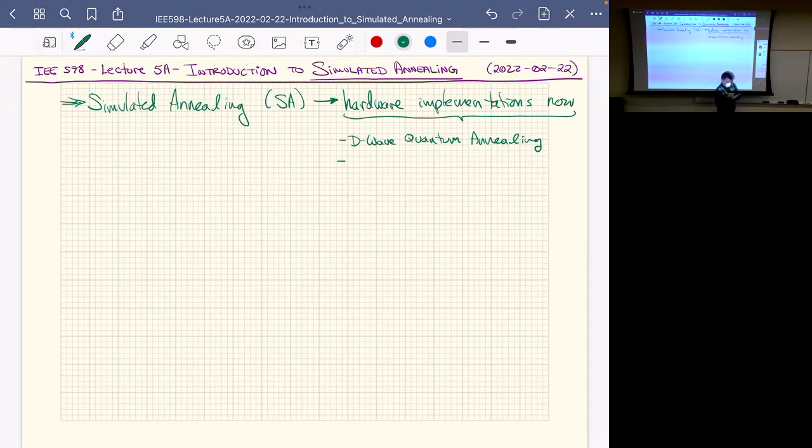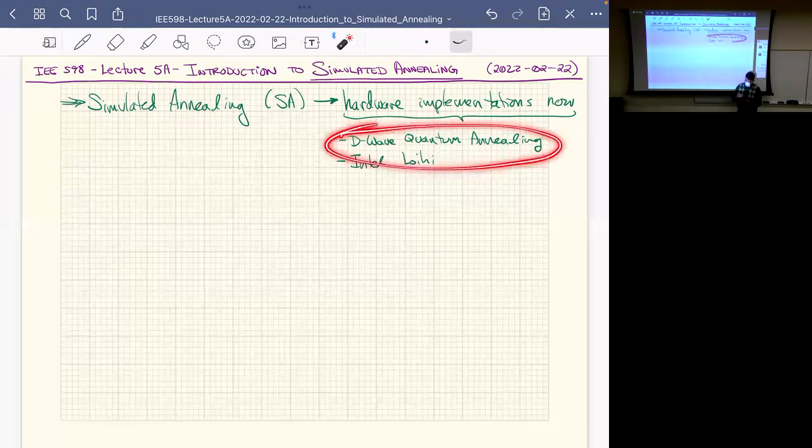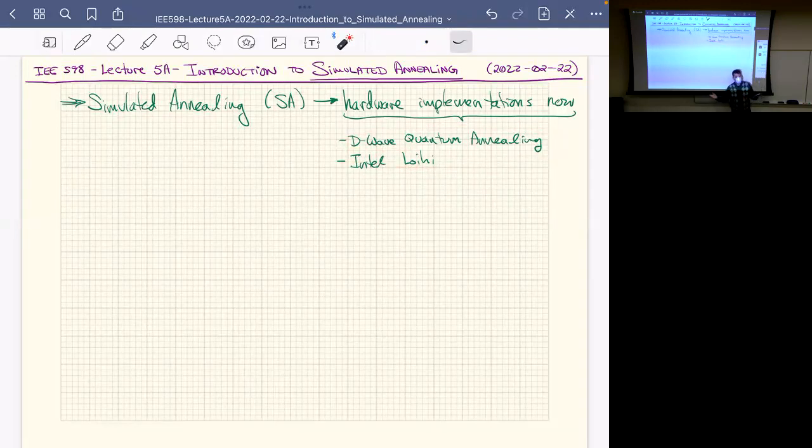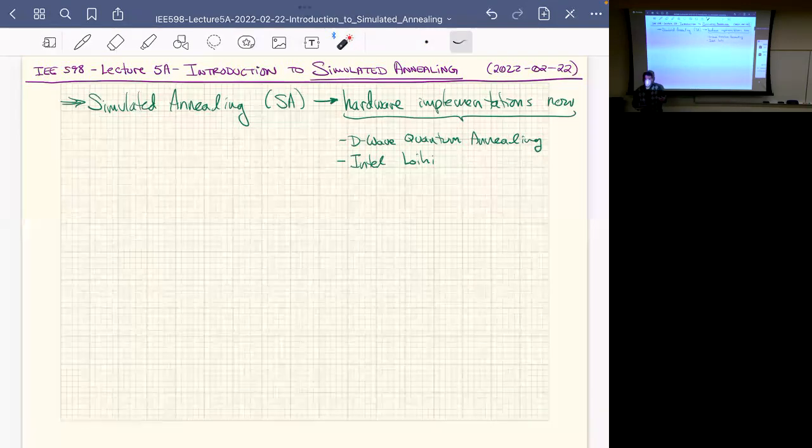For example, Intel's Loihi chip is a chip that's been built for spiking neural networks, which we'll talk about in a couple of different units, but you can actually co-opt it to do annealing as well. So you can even use things like Loihi to do annealing on a hardware platform. I mentioned D-Wave because this company has gotten a lot of popularity by scaling up something that looks like quantum computing. I don't talk about quantum computing much in this class, but it's not really quantum computing.